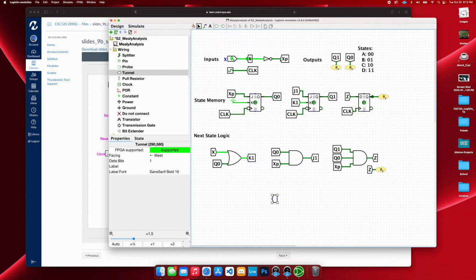For any label that matches, like the XP here and the XP here, if there's a value of 1 going into the NOT gate, it turns to a 0, and if we have a 0 going into this XP, everything labeled XP will have 0 inserted. It's like an invisible wire. It keeps things looking nice, neat, and beautiful, and headache free.